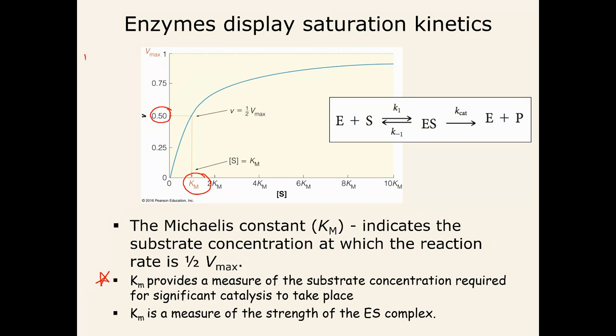So the smaller the Km, the less the enzyme needs substrate to reach max speed. So the lower the Km, the less substrate.